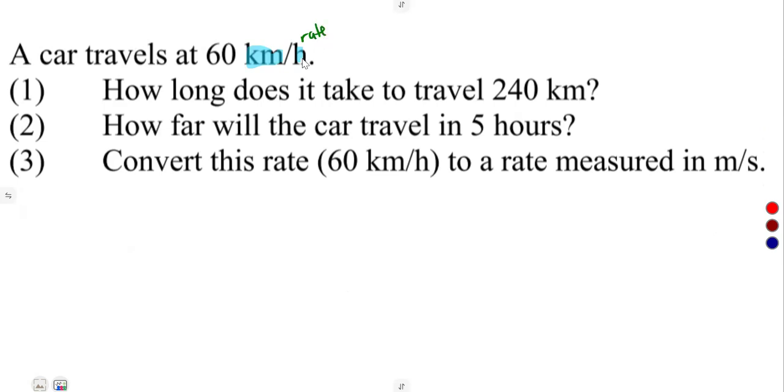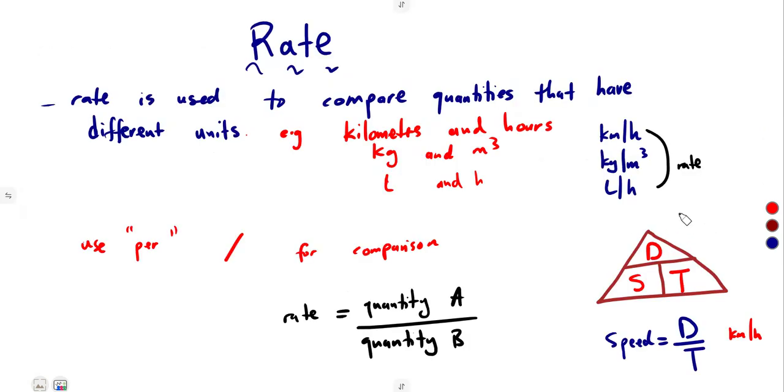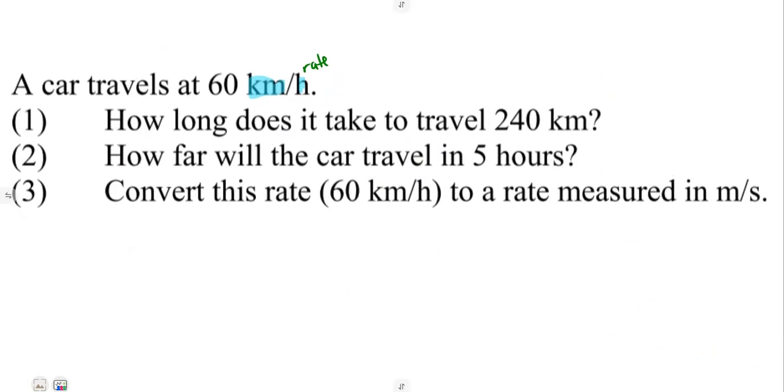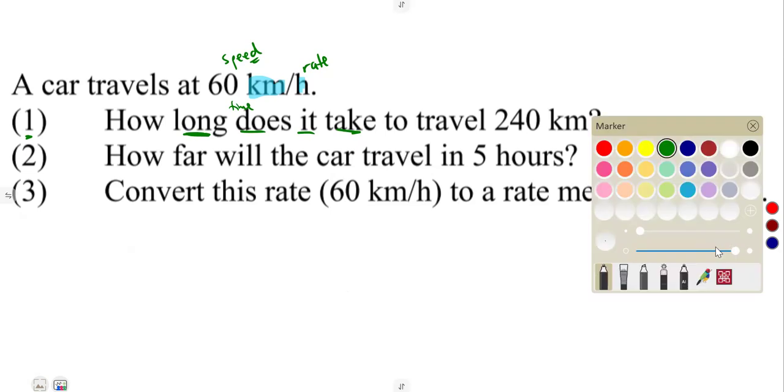We talked about this, the issue of speed, kilometers per hour. Yes, it's a rate, but it represents speed. Number one, how long does it take to travel? We're talking about the time that was taken to travel 240 kilometers.